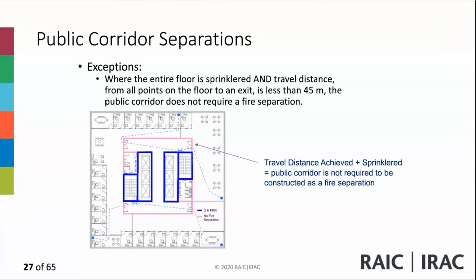I am within 45 meters. The whole story is sprinklered. Then I don't require a fire separation. I don't require a fire resistance rating. Okay. The 45 meters is an allowance that comes from having sprinklers in the building. And we'll take a look at egress and travel distances in a separate module.